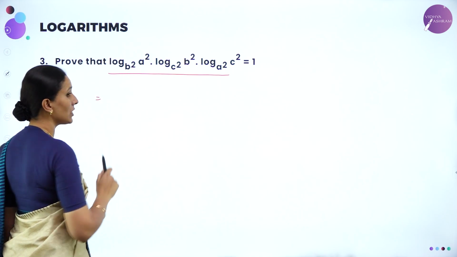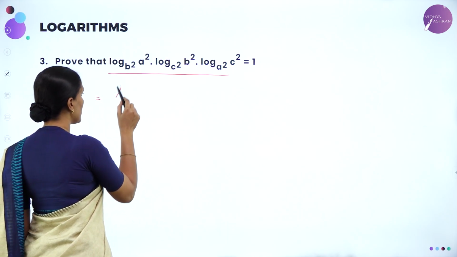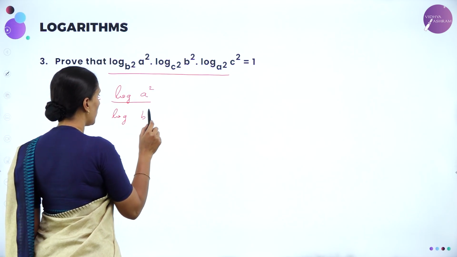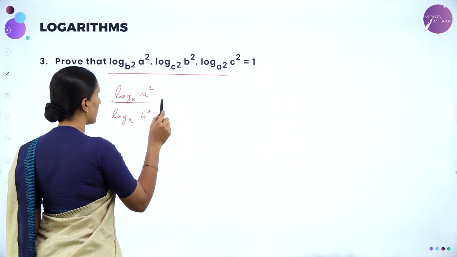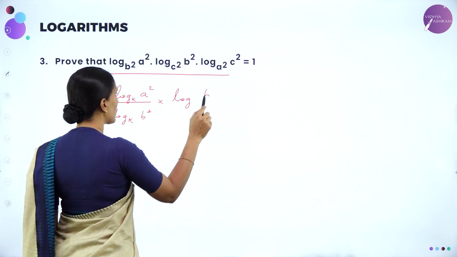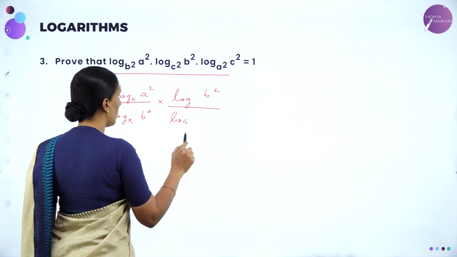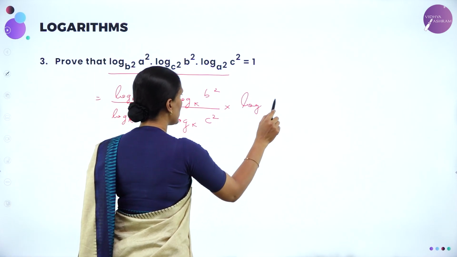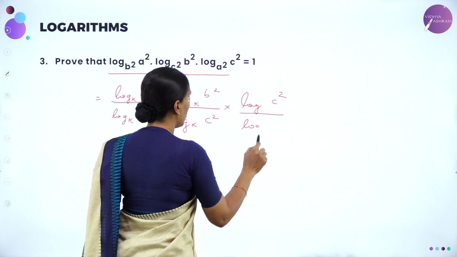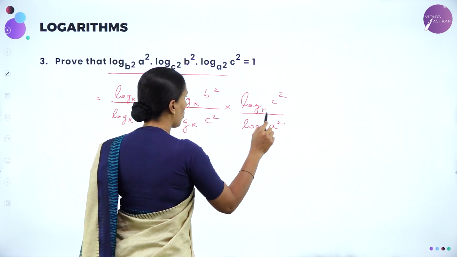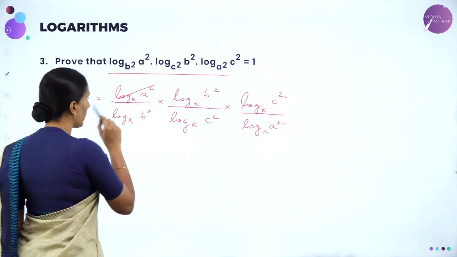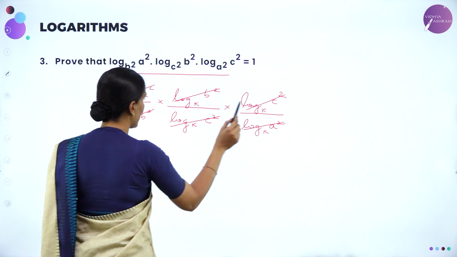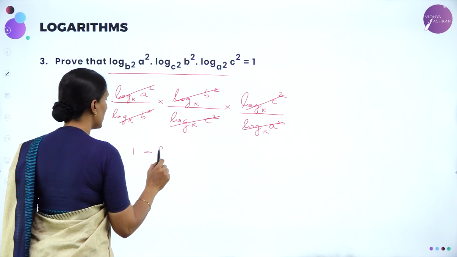Using the change of base concept, I can write this as log a square by log b square to some common base k, into log b square divided by log c square with the common base k, and log c square divided by log a square with the common base k. We can cancel log a square to base k, log b square to base k, log c square to base k, which is equal to 1, that is the right hand side.